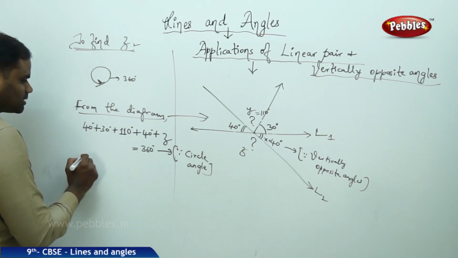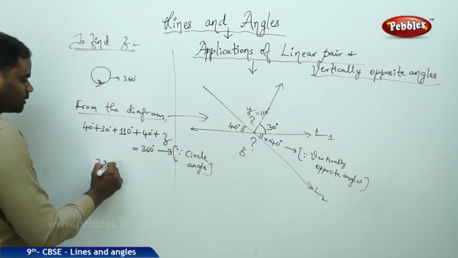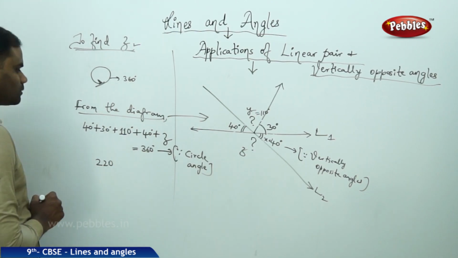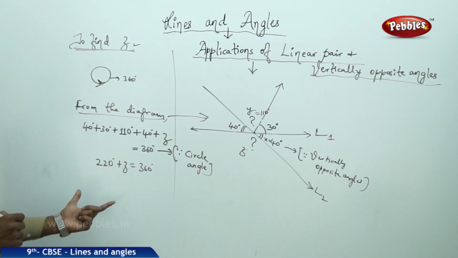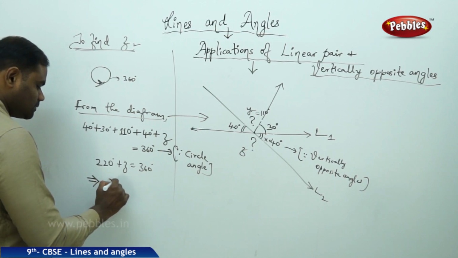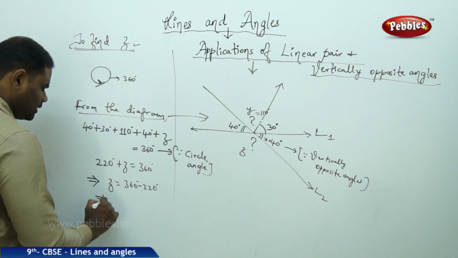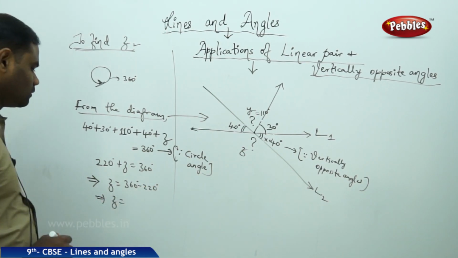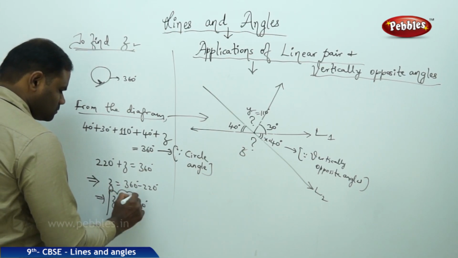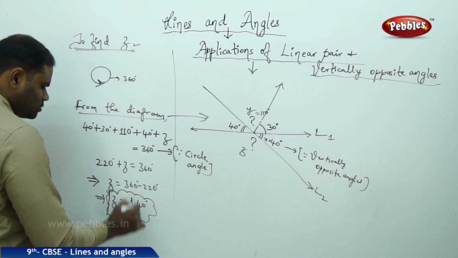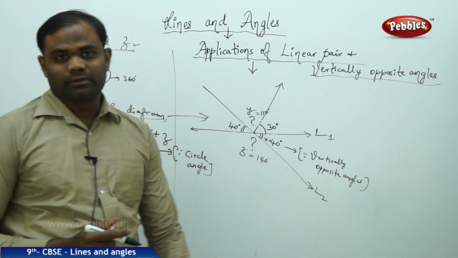When I add this, 40 plus 30 is 70, and 70 plus 40 is 110, which is 220, plus z equals 360 degrees, which on further simplification gives z is 360 minus 220, that implies my z is 140 out here. So my angle z is equal to 140 degrees.